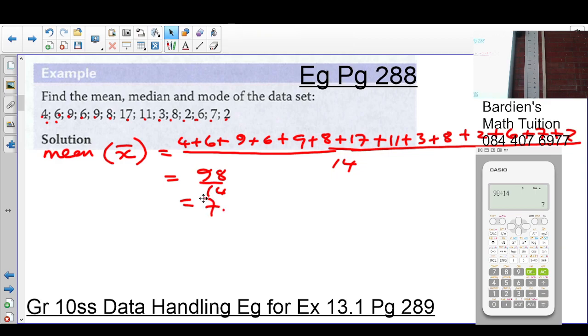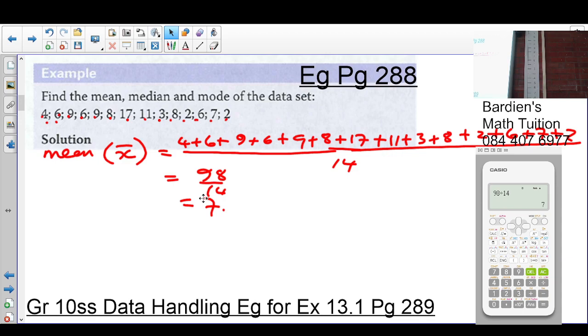So what does that mean? The mean is 7. But in reality, what would that actually tell us? It tells us the average. If we take all those numbers and divide them up by 14, then each one will get 7.